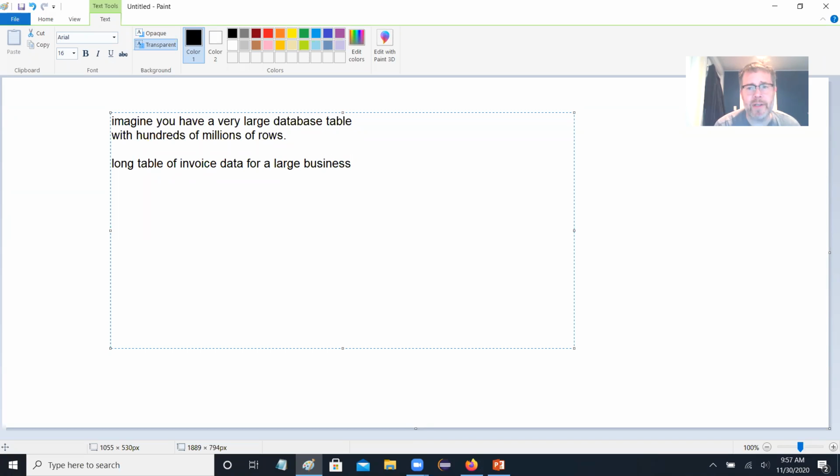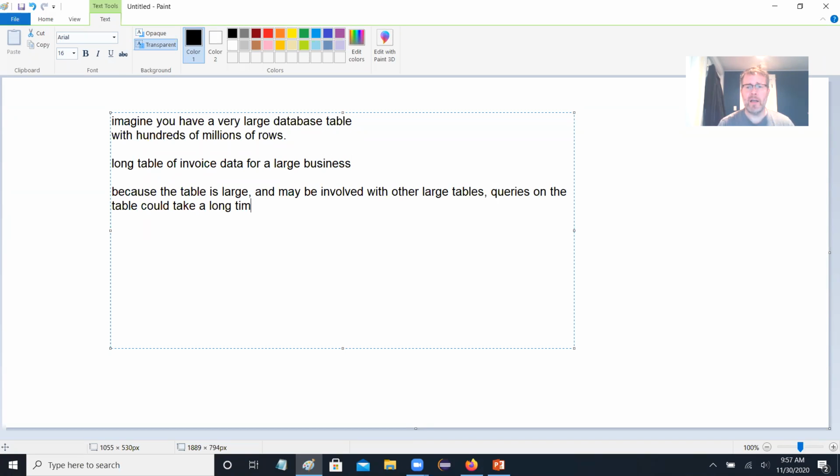So you have this monstrously large table, and because the table is large and may be involved with other large tables, queries on the table take a long time. This is one of the things that organizations used to see before everything shifted to the cloud. They would say, wow, these tables are so big, they're spreading across multiple pieces of hardware, and instead of having everything in RAM and processed pretty quickly, things are getting processed at network speeds, because every query involves a whole bunch of back and forth in the network, and that takes a lot more time.